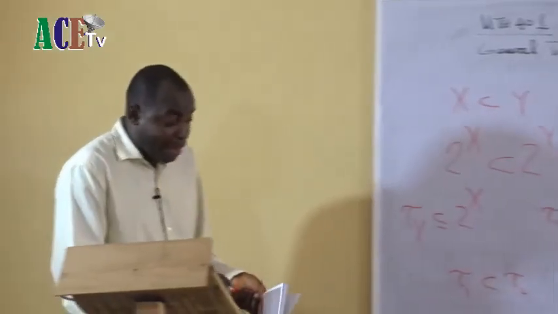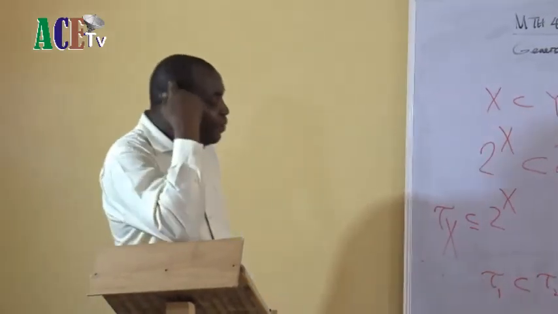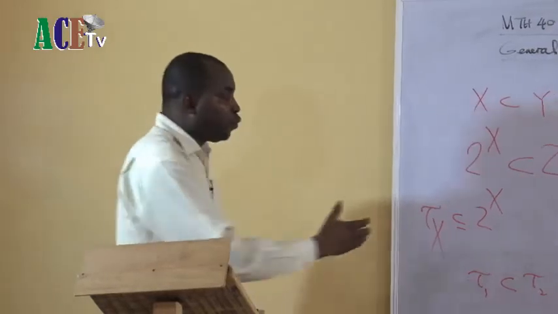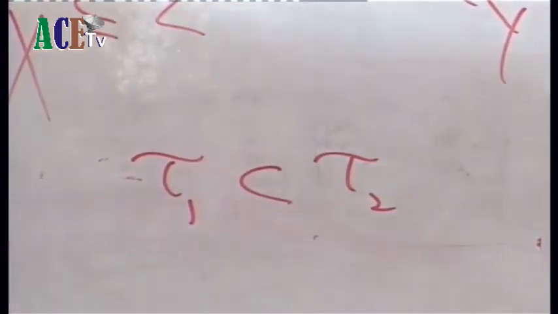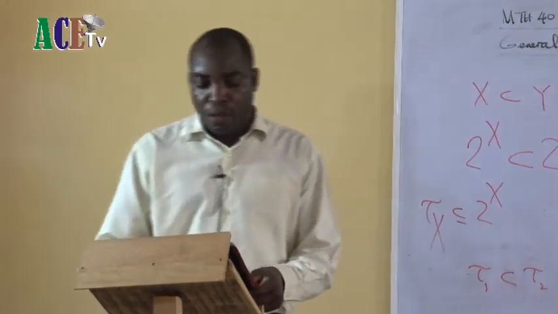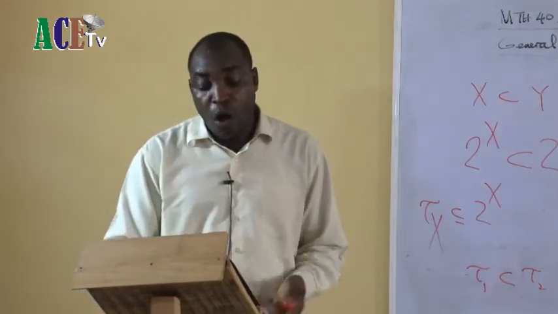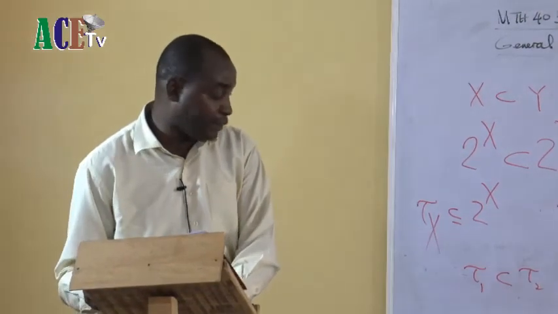And the source of comparison is the subset operator. Now, when you have two topologies that are comparable, the larger one is called the strong topology, or let me not put it that way. Let me call it the fine topology. The fine topology or the larger topology.